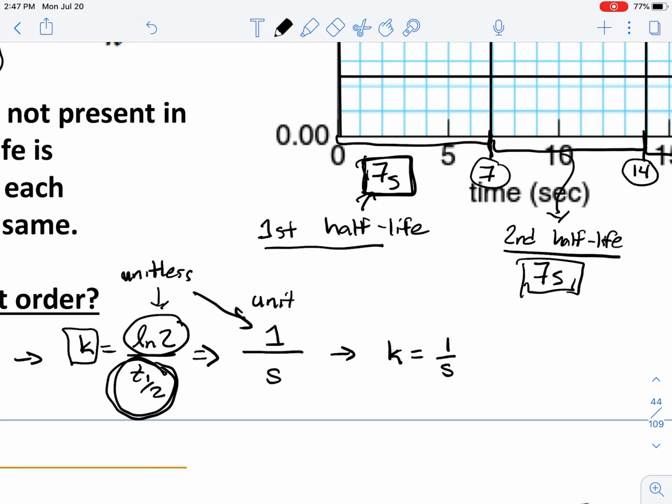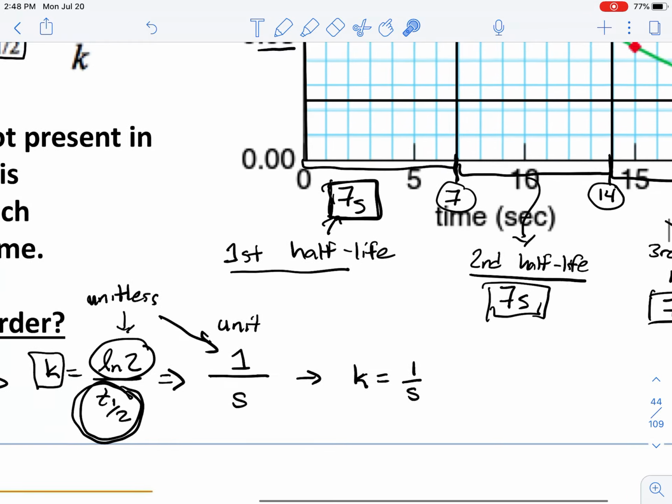And so you have three different things that can indicate if a chemical reaction is undergoing first order kinetics. One, you can look at the unit for the rate constant k. If it is 1 per second or 1 per minute or 1 per hour, that's indicative of first order kinetics.